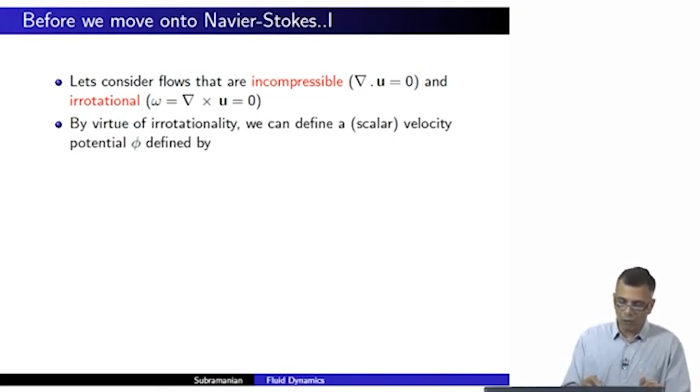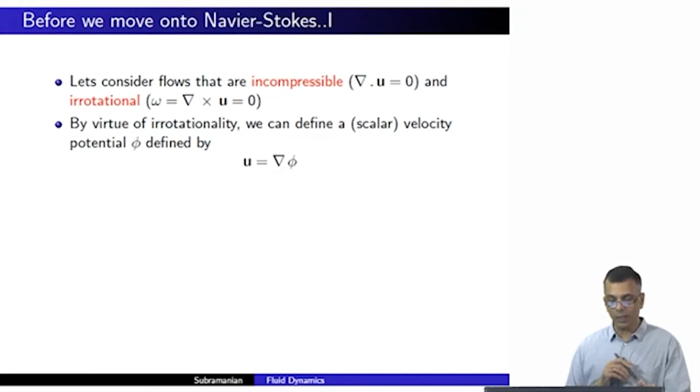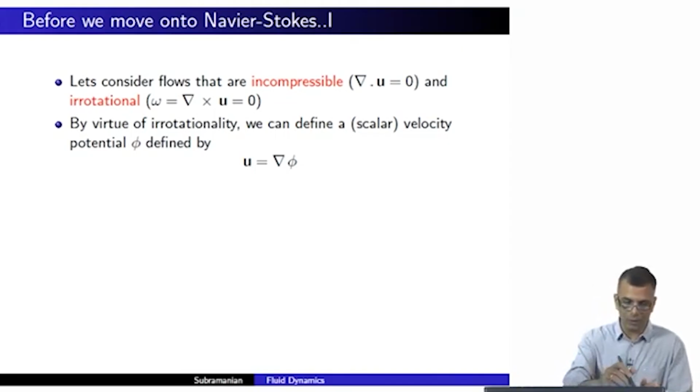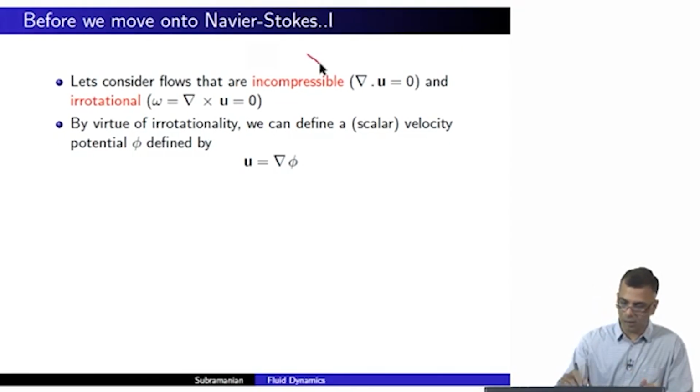By virtue of irrotationality, by virtue of the fact that the curl of u is 0, you can define a scalar potential like so. Why? Because the curl of the gradient of a scalar function is always 0, right? The curl of u is 0, we already said that.